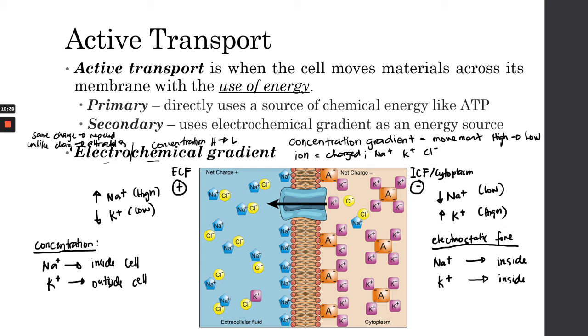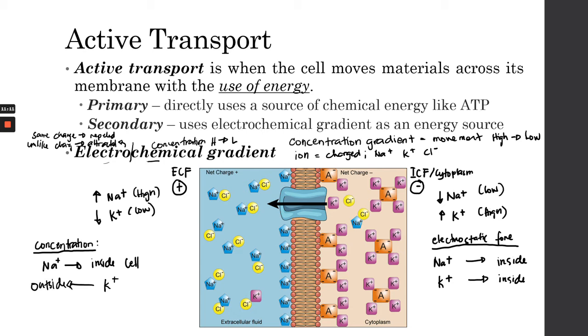So because the inside of this cell is negatively charged, potassium would also want to go inside. But we know that there is a higher concentration of potassium inside, meaning the concentration gradient would always want to move potassium outside of the cell. So let's invert this so it's not confusing. So we have potassium inside and it always wants to go outside the cell.